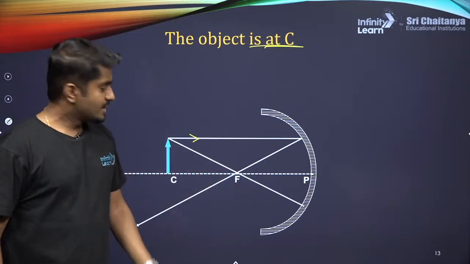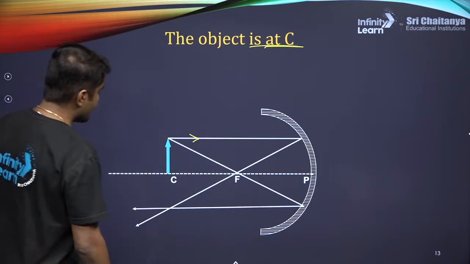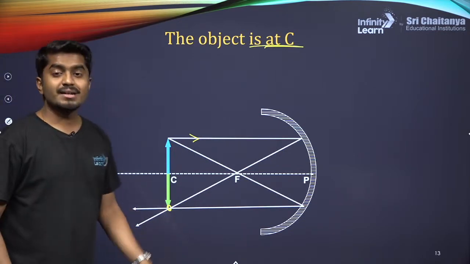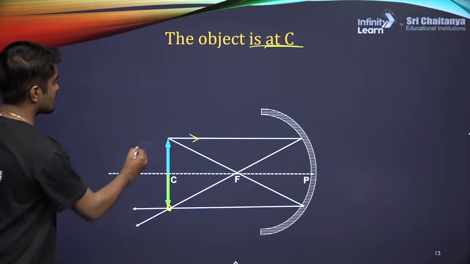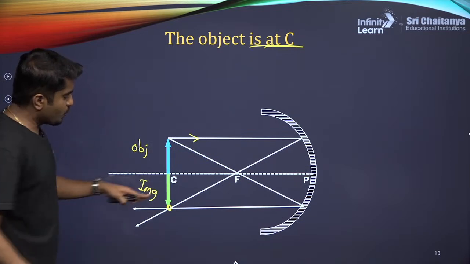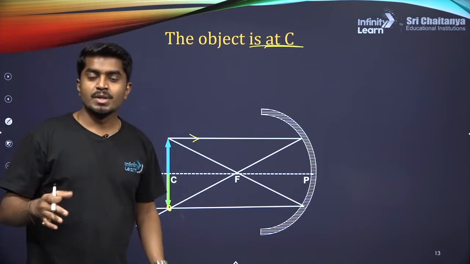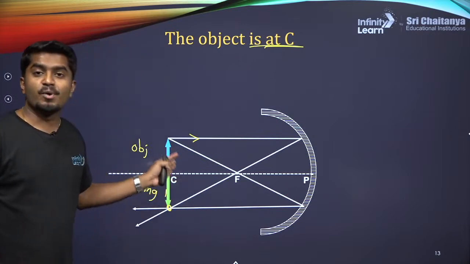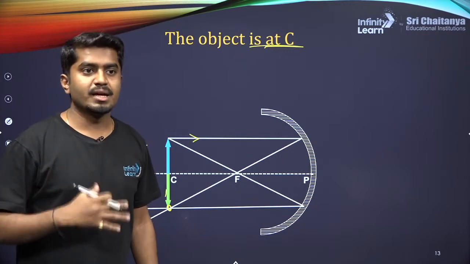So the reflected ray would be parallel to the principal axis. So there is a point where these two rays meet. So there is an image. This is our object and image. So how can you be sure that the image will form only at this place? You can take a screen, place a screen at this position, and you should get a sharp image. That is the meaning. Alright.